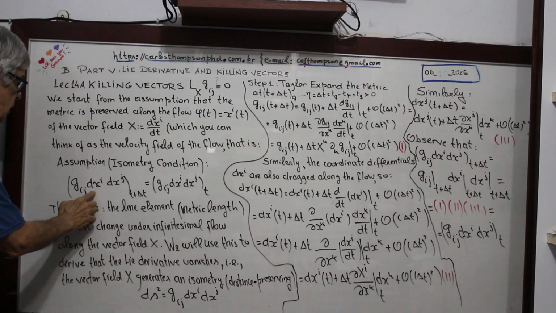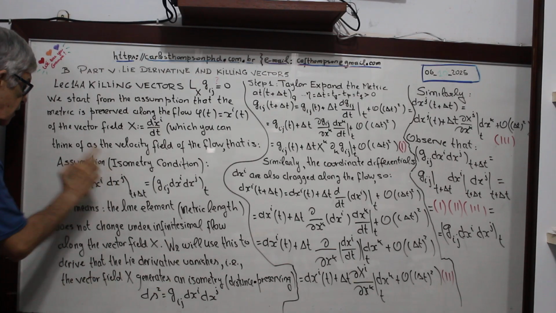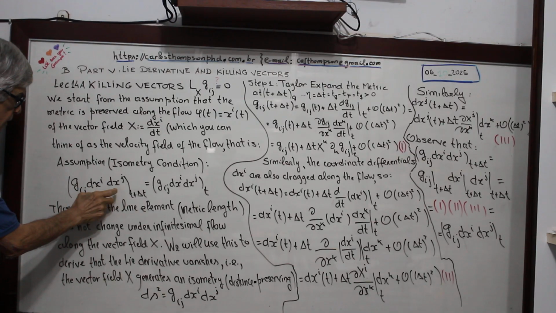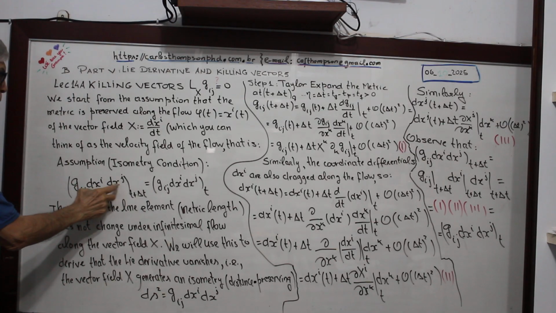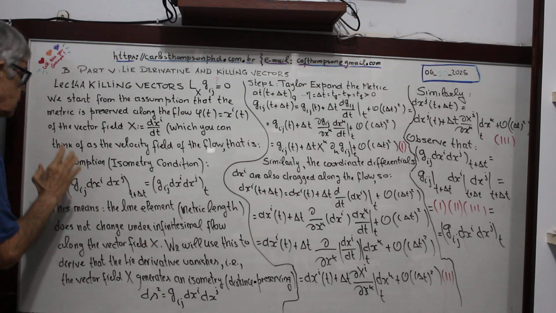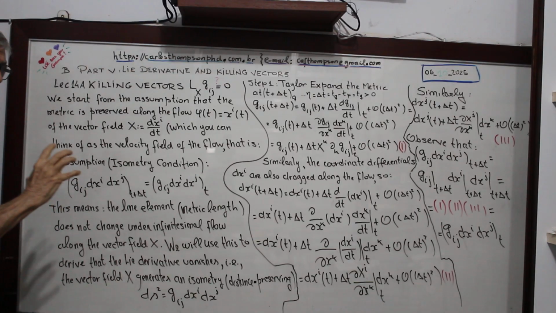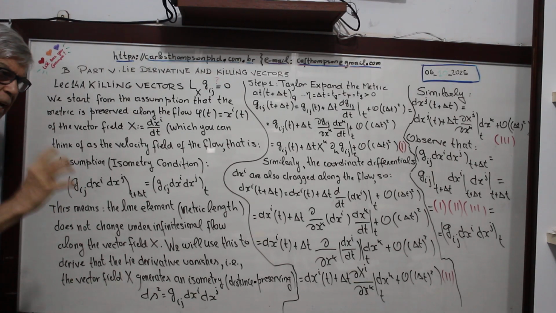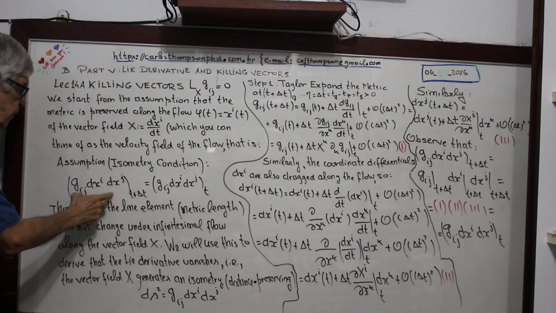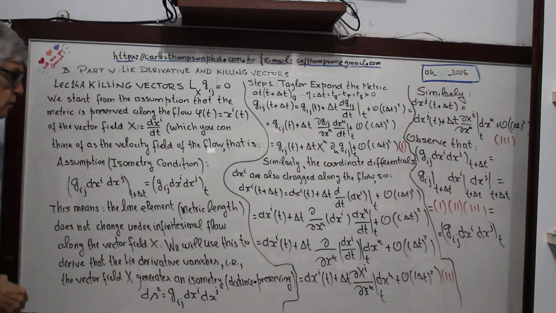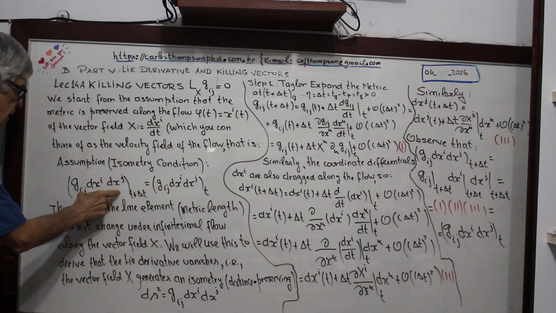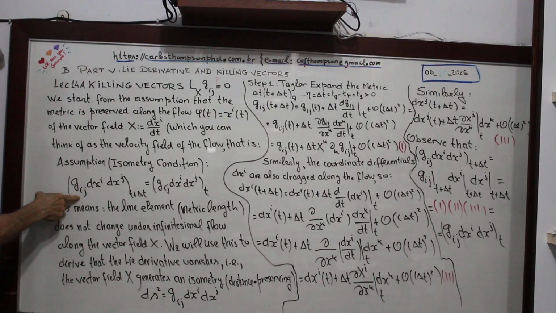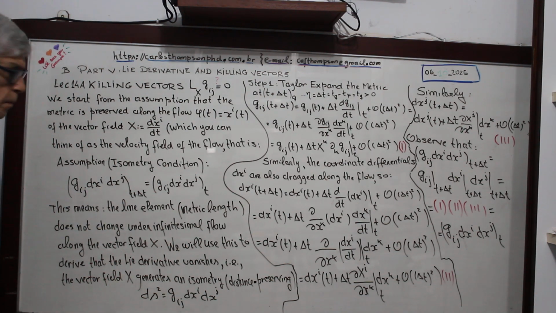So g_ij dx^i dx^j. Attention, dx^i and dx^j are the basis covectors, the dual basis. These are covariant components, and the basis is contravariant components.